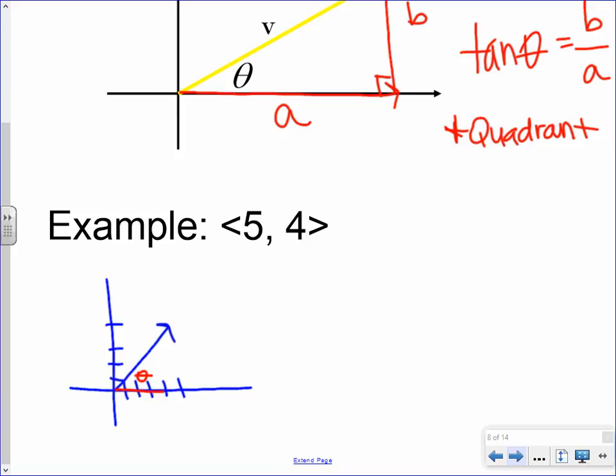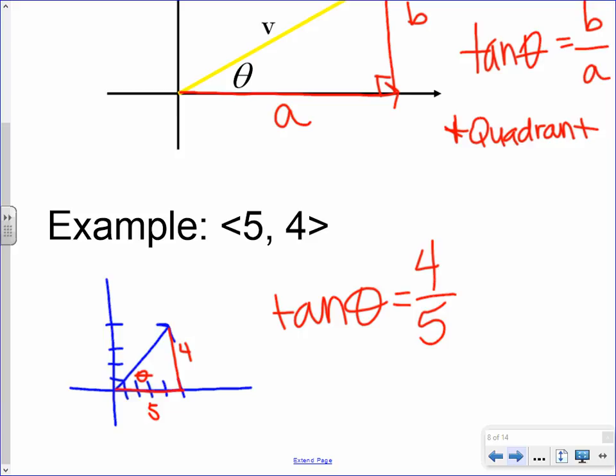So we know this adjacent side is 5, the opposite side is 4. So we know that the tangent of theta is 4 over 5. In your calculator, please take the inverse tangent of 4/5.